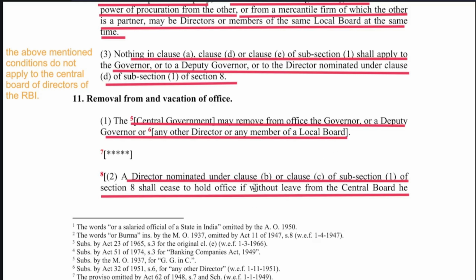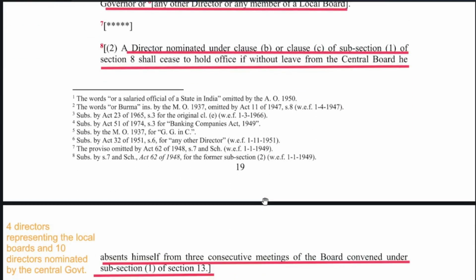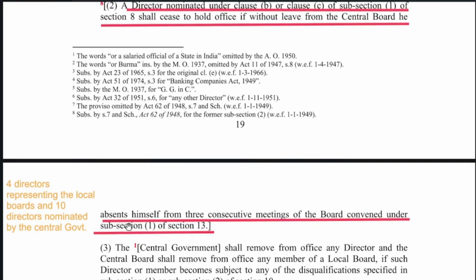A director nominated under Clause B or Clause C of subsection 1 of Section 8 shall cease to hold office if, without leave from the central board, he absents himself from 3 consecutive meetings of the board convened under subsection 1 of Section 13.